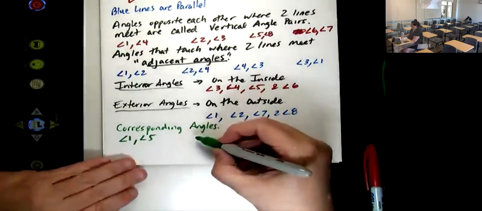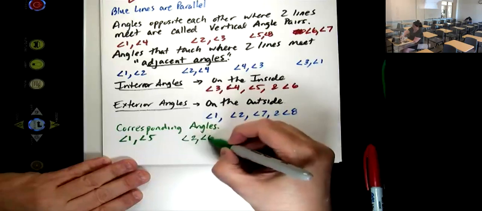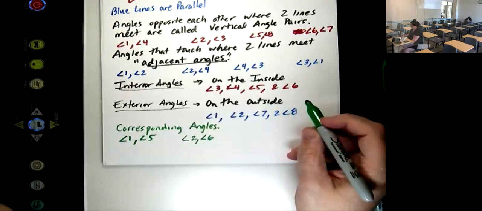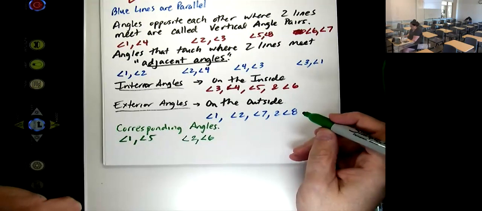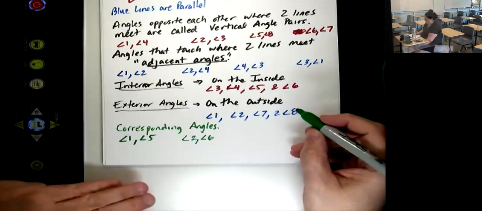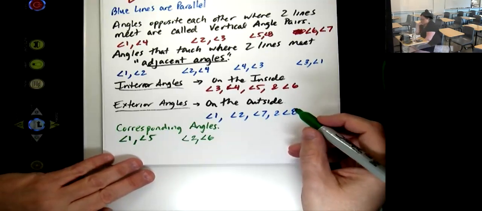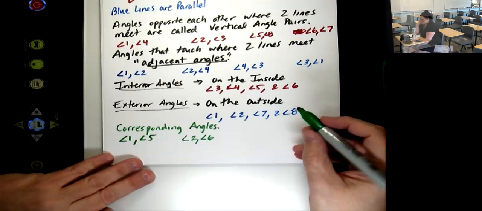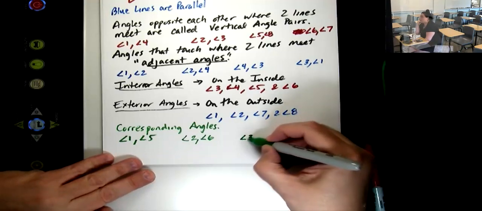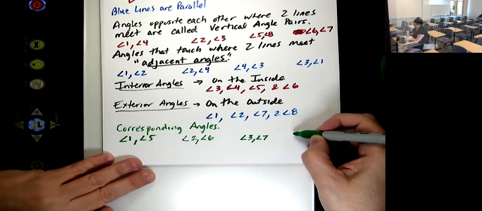Angles 2 and 6 are corresponding angles. So about 3 and 7? 3 and 7 is another. And what's the last one? 4 and 8.